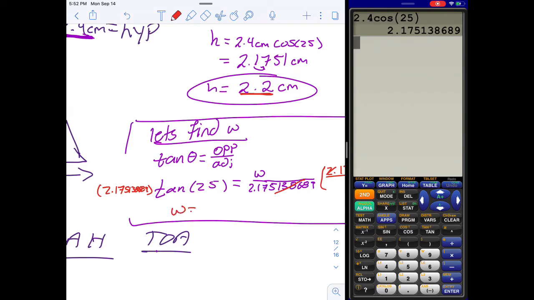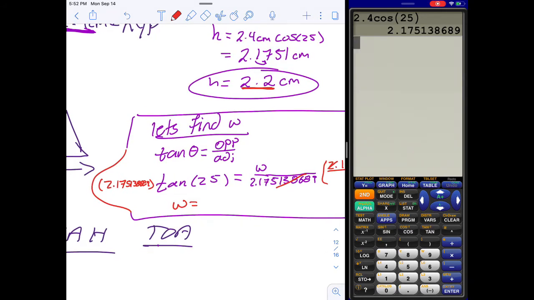So what does W equal? When I plug this in, now here's a trick with your calculator. Whatever answer you plugged in last, okay? So my last answer was 2.17513. If you look at the negative symbol on the very bottom row, so right here, you can see me pressing it, okay?